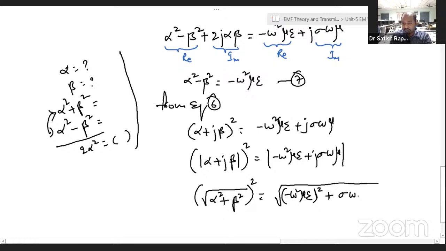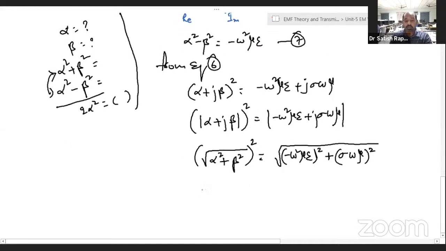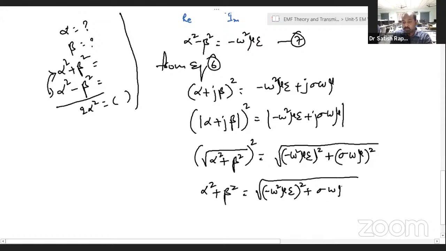So if you simplify this, alpha square plus beta square is equal to root over minus omega square mu epsilon whole square plus sigma omega mu whole square, and this is equation 8.